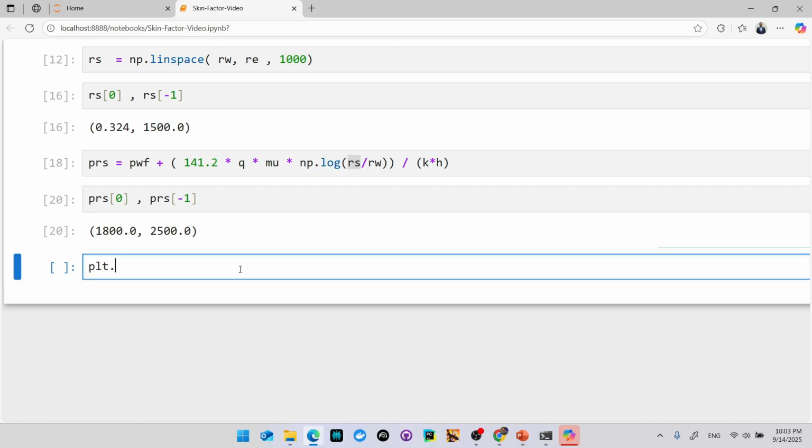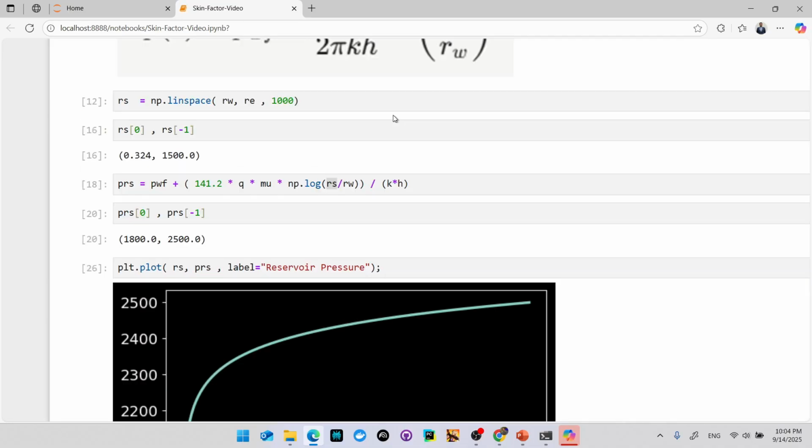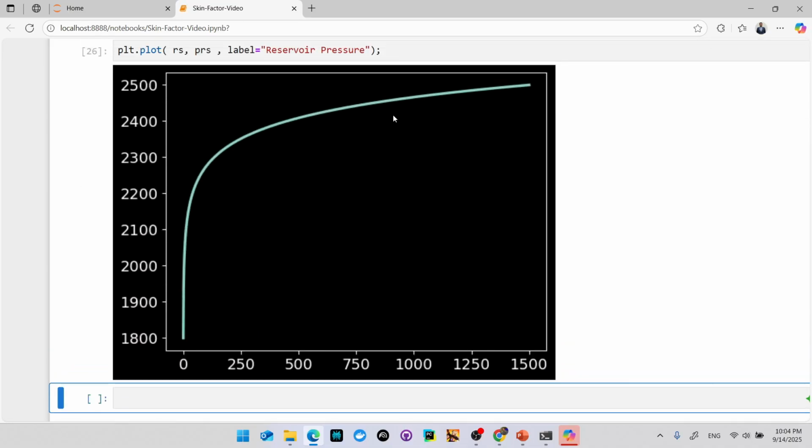We can plot this, the rs and the PRs. The label is going to be the reservoir pressure, and the plot is going to be like this. So we are starting with rw with the BWF pressure and ending with the reservoir pressure at the outer radius.